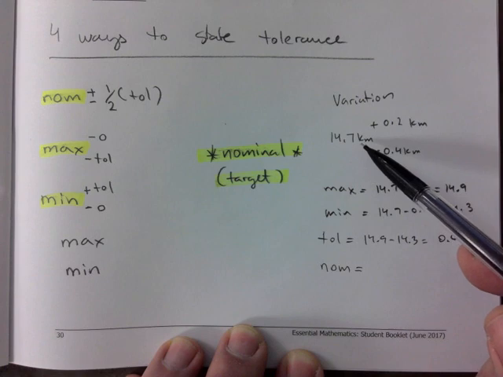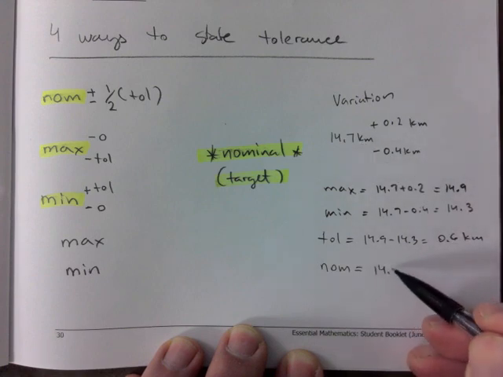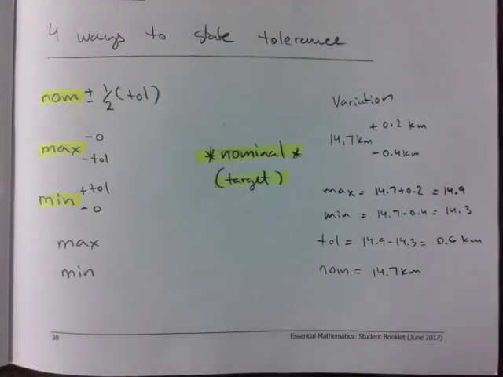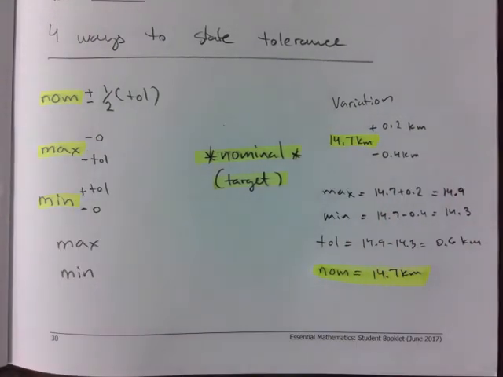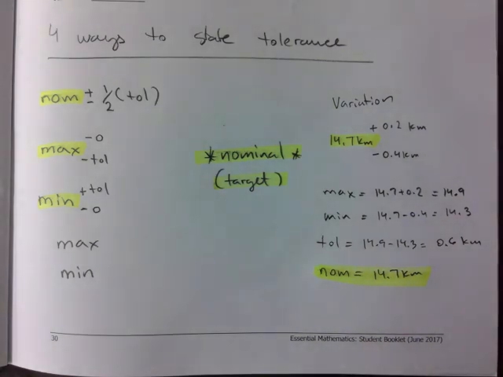Big number up front, 14.7. 14.7 kilometers is our nominal. I'm going to highlight that here. Okay, so just a little review for you to go off of. Where are we at? Keep going. Give you some time to copy that. This is on page 30 if you want to write this down. Just going to pause this here.